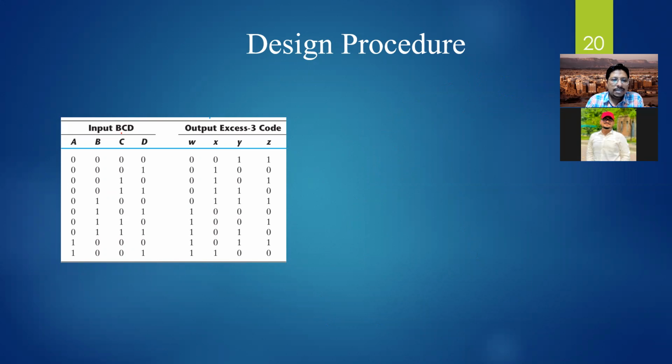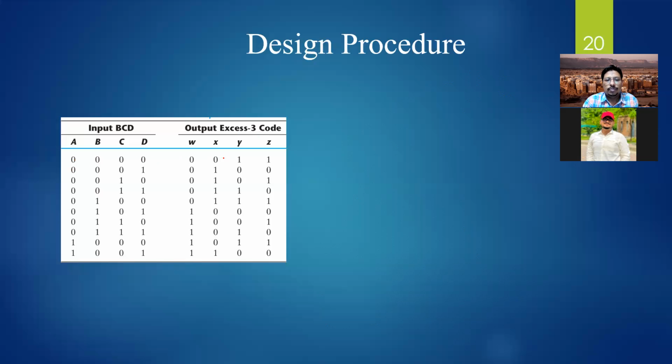He said, please design a BCD that will give me the result of X3. Why did he not ask for the result in binary? Let me show you here. In binary, normally in X3, you take the first input and add a 3 to it.